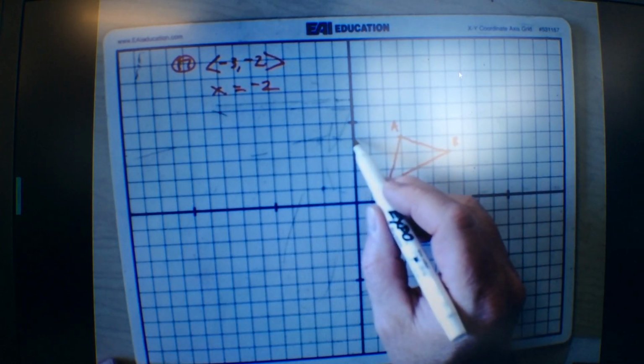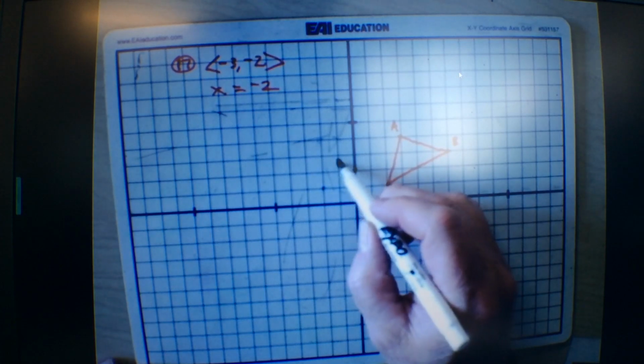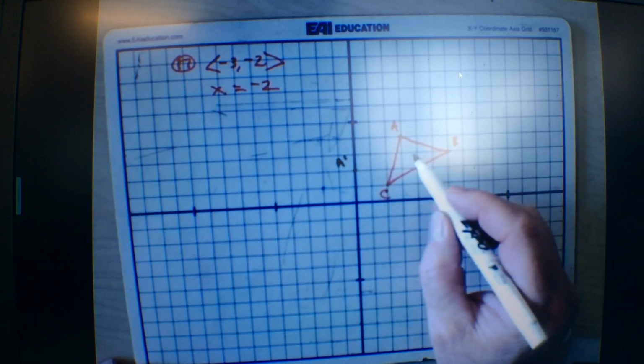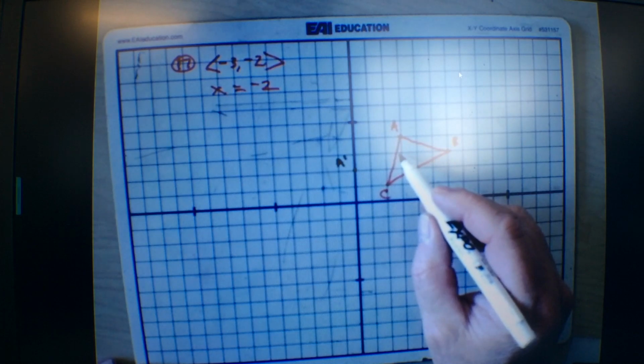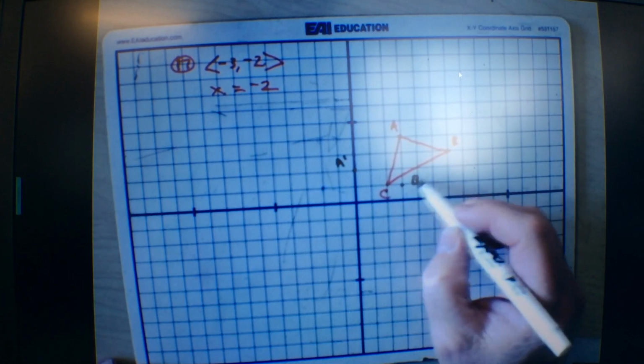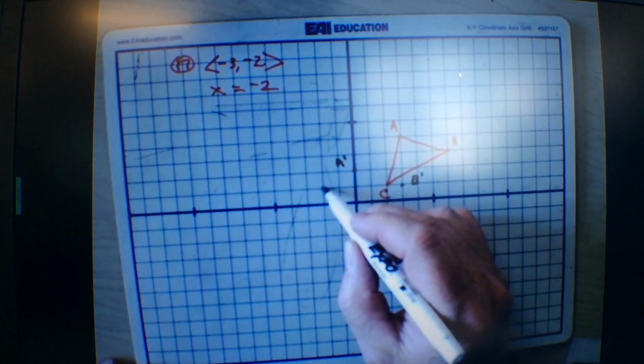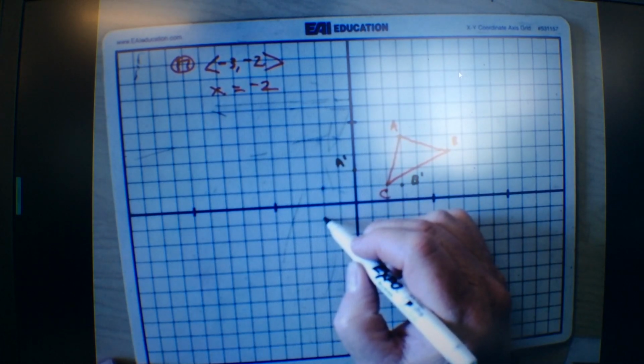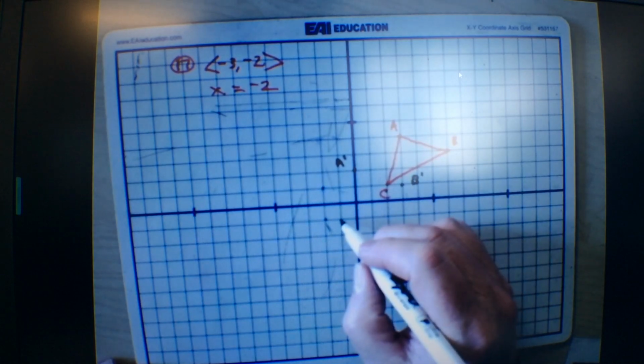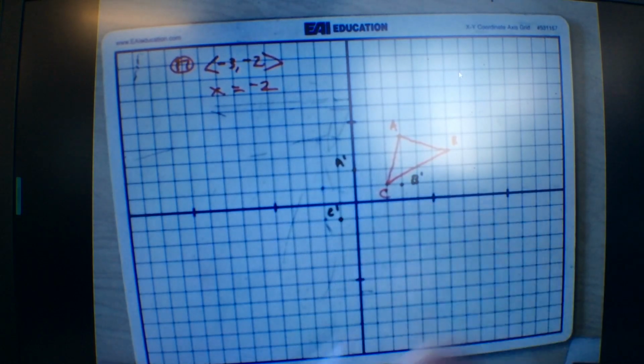Left 3, so this is A prime, right? And then B is left 3, down 2. And C is left 3, down 2, right? Okay, now I'm just gonna mark that.